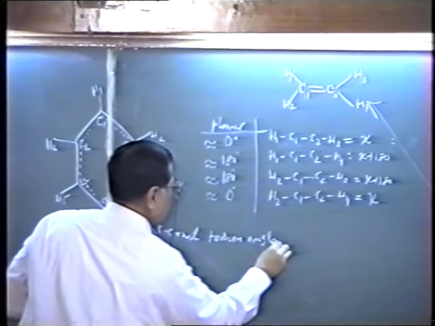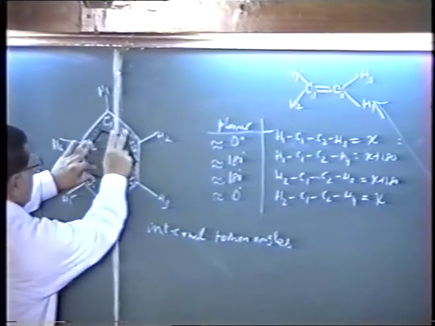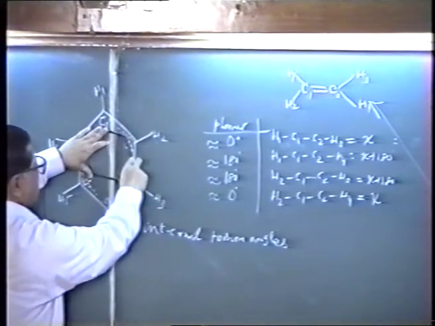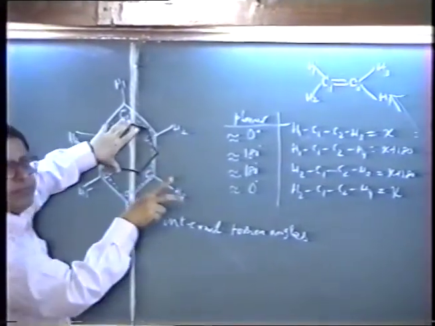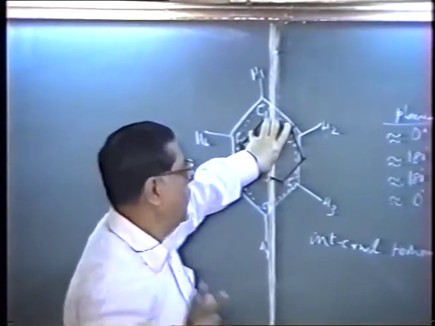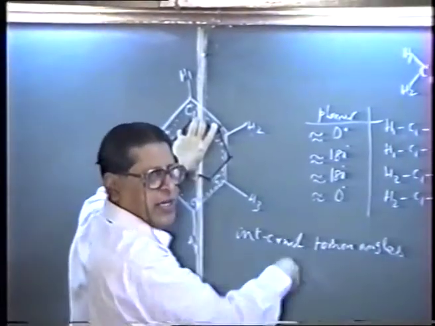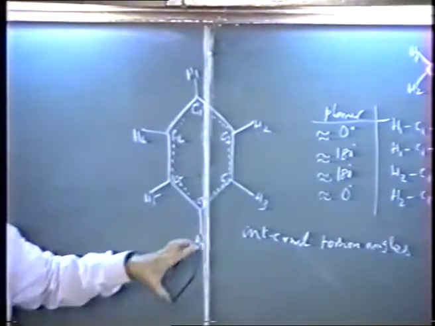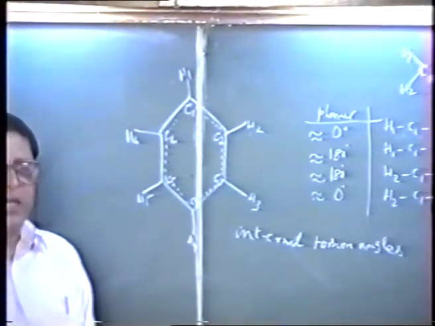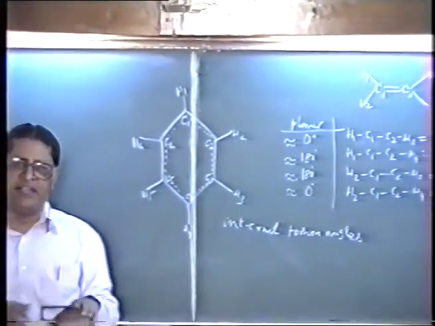And it doesn't need much effort to say that if you take a planar molecule of this type and put everything in one plane, all these internal torsion angles will be 0, if it is a perfect planar structure. If it is exactly planar, then it will be 0, 0, 0, 0, 0. If it is roughly, nearly, or almost planar, then they will deviate from 0 degrees slightly on either side.